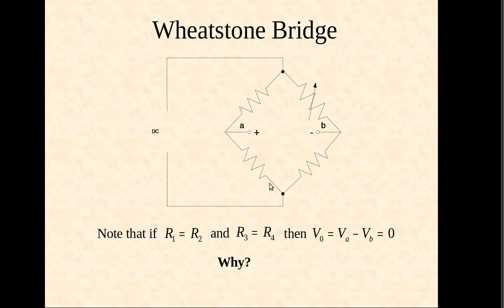The rule says that if you provide a DC power supply, and R1 is equal to R2 and R3 is equal to R4, then V output is equal to VA minus VB, which is equal to 0. So it simply says that the voltage at point A and the voltage at point B will nullify each other, and the value of the output voltage will be 0. So the deflection will be 0.